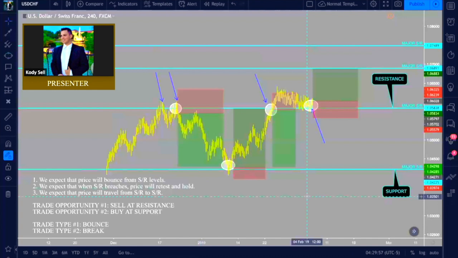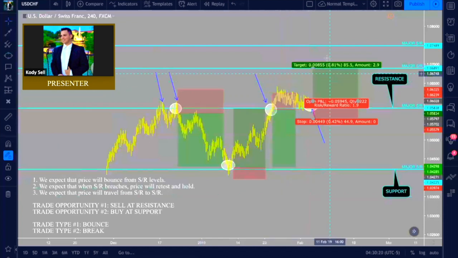Breaks do inevitably happen in the financial markets. Breaks occur when a support or resistance level is breached, and then price then returns to that level, and that level then acts as its counterpart. So resistance becomes support, support becomes resistance, and you take the trade accordingly based on trade type number 1, which is a bounce.